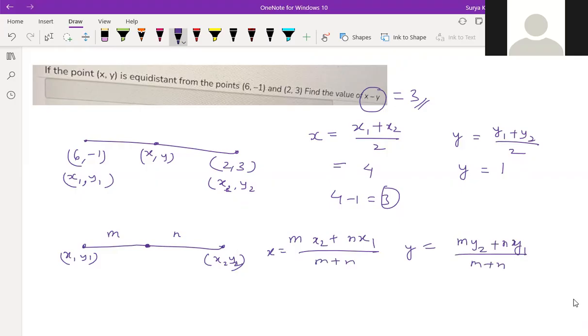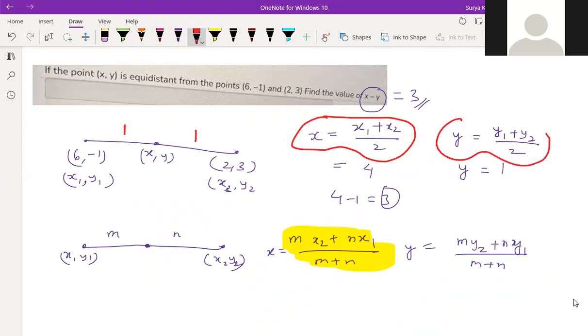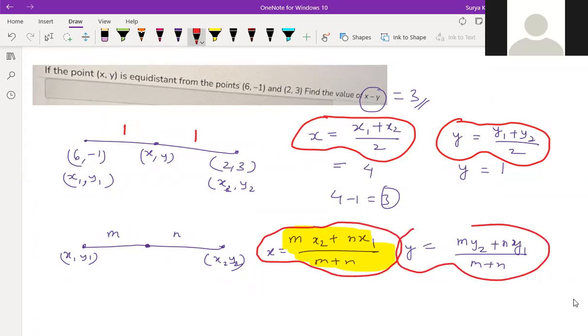The same formula is used here also. If it is a midpoint, I take m and n as 1 and 1, because it is the same ratio. So m and n are not equal in general? m and n can be any ratio, 2:3, 5:9, anything.